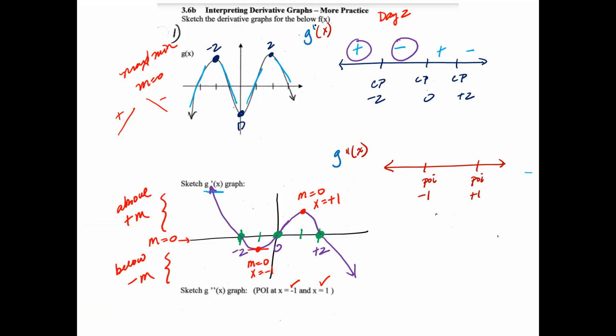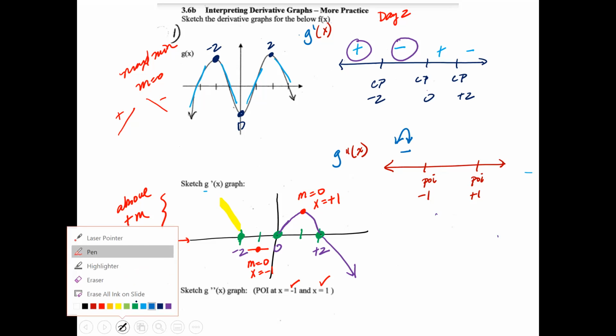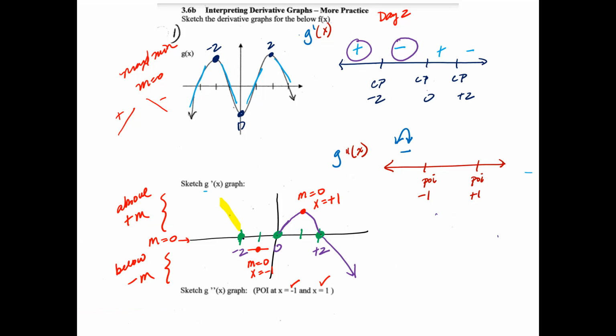All right, so the rules of this is that as I'm looking at this g prime of x graph, on the left side of -1, which is right here, that's showing a negative slope. Because this is showing negative slope, that means it is concave down at -1.